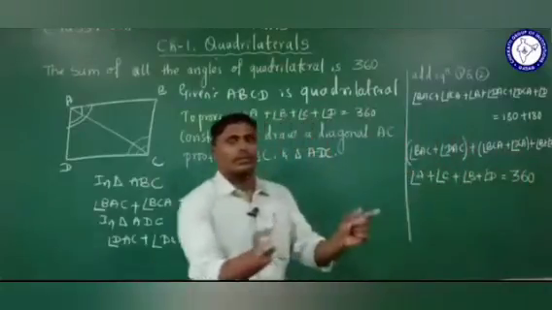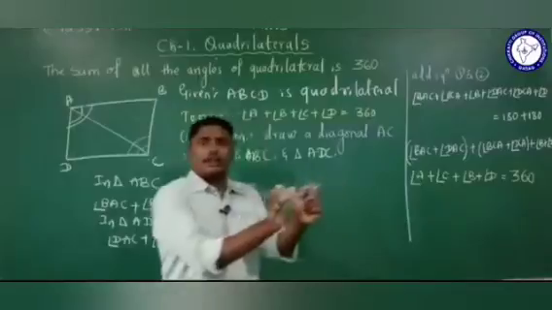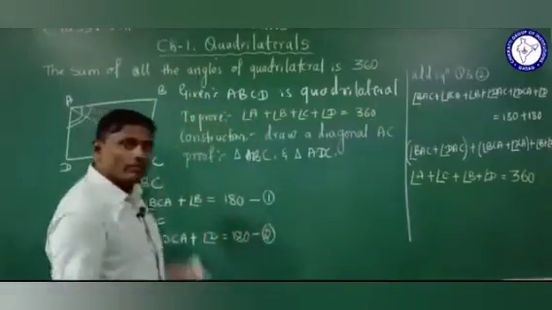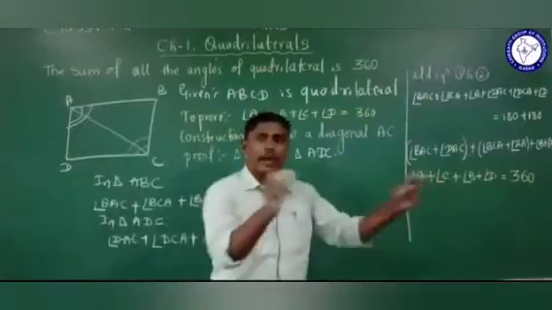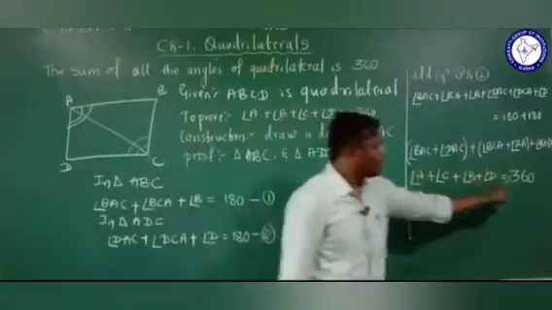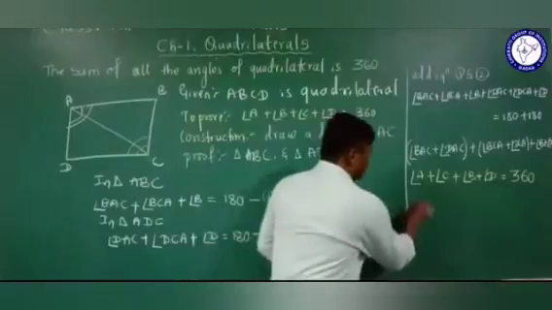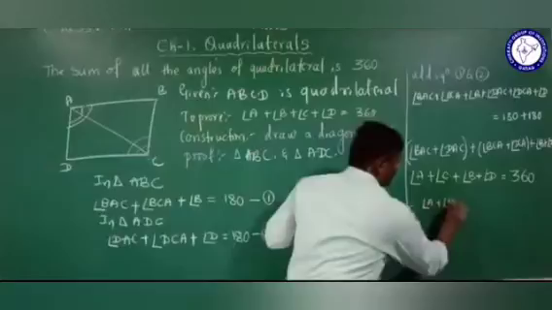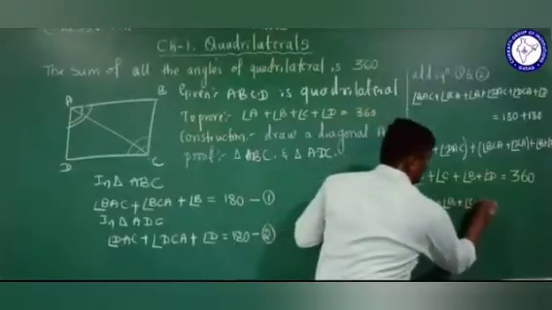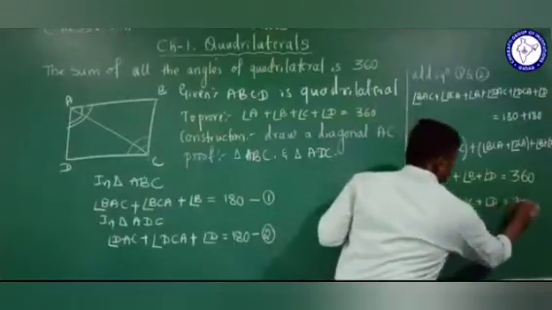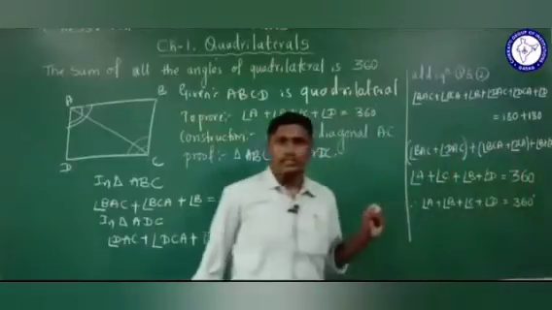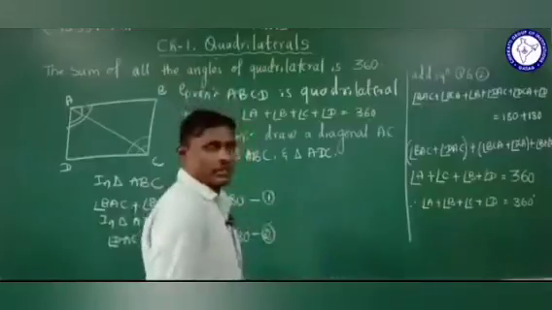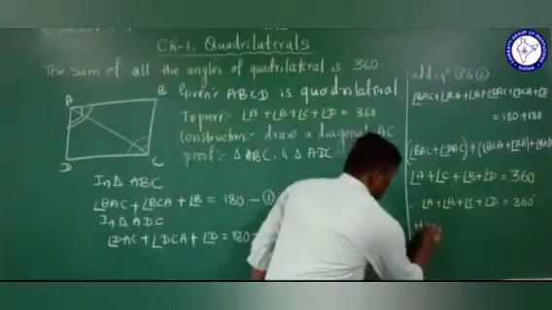The interior angle sum of one triangle is 180 degrees and the interior angle sum of the other triangle is also 180 degrees. By adding those two we get 360 degrees. So we can rewrite this statement as angle A plus angle B plus angle C plus angle D is equal to 360 degrees. It means the total interior angle of any quadrilateral is always equal to 360 degrees.